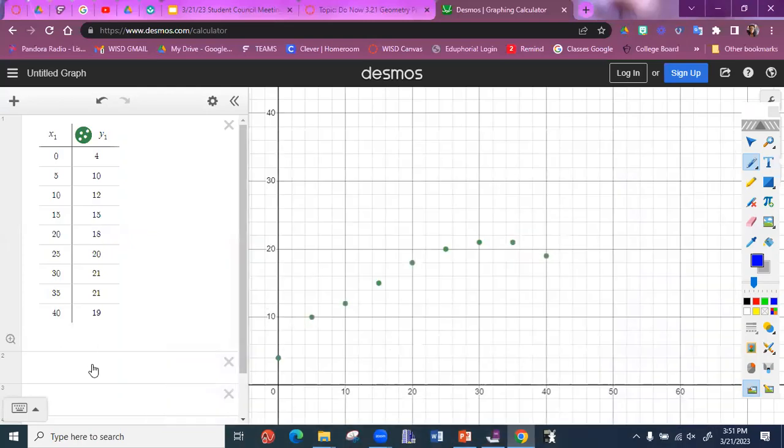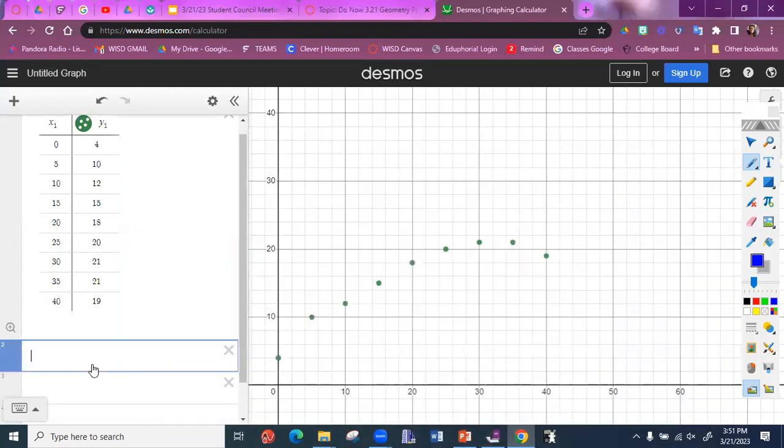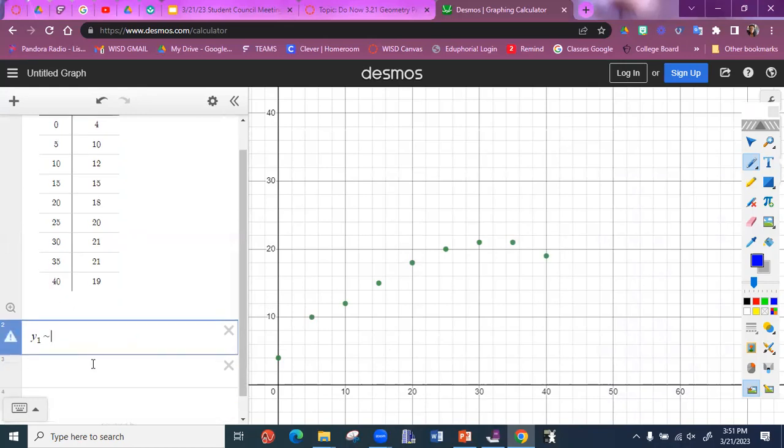All right, so I'm going to go to Y2, and we're typing Y1 squiggle by pressing Shift. You just type Y and 1.